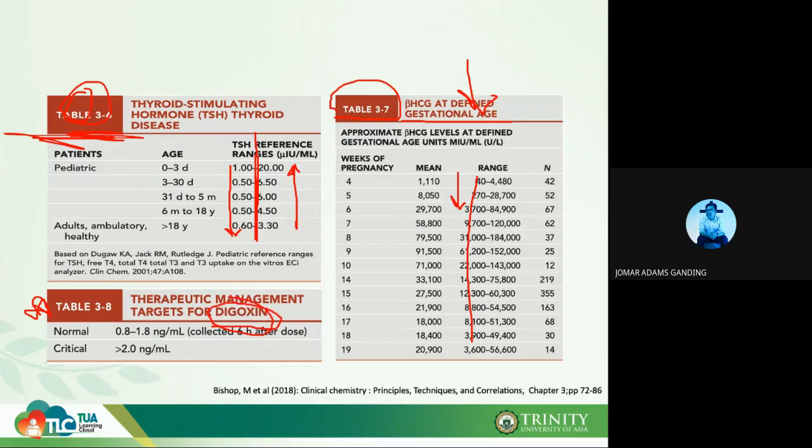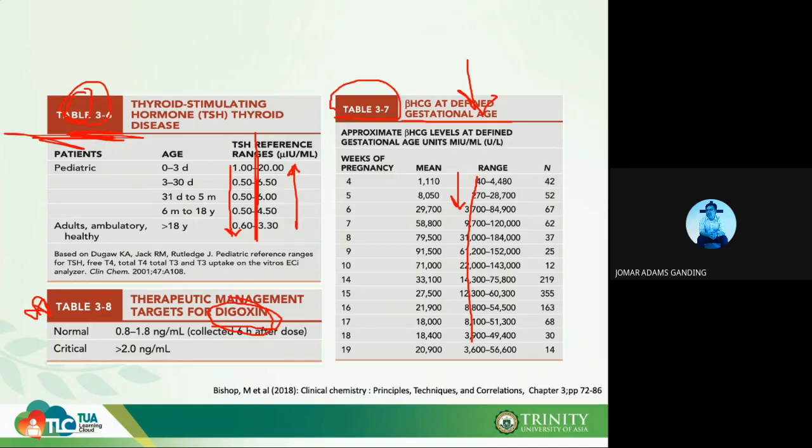It is only being used by patients with cardiac diseases, because digoxin is a cardiac drug or a cardiac medication. So a healthy individual that does not have cardiac disease should not have digoxin in their blood in the first place. Are you getting my point now?